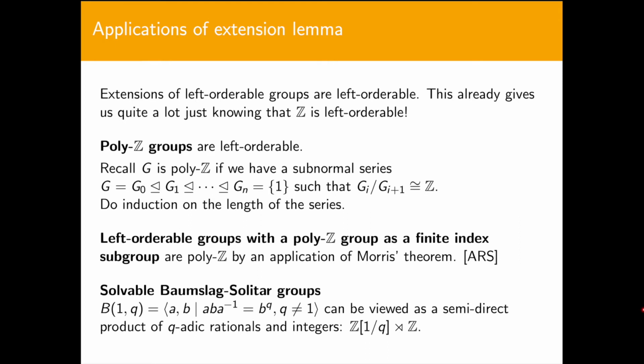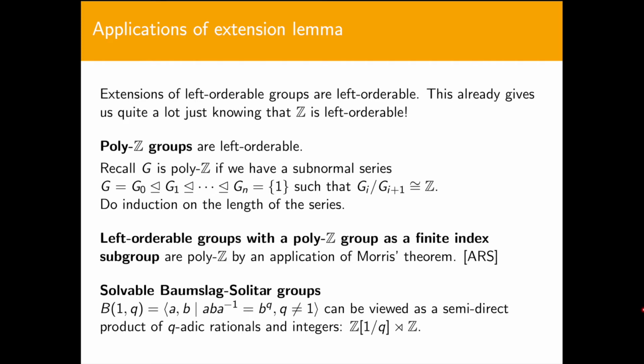Recall that G is poly-Z if we have a subnormal series with G_0 being G, and in G we have a normal subgroup G_1, and in G_1 we have another normal subgroup, etc., up to G_n, which is going to be just the identity, such that the quotient G_i over G_{i+1} is isomorphic to Z. Now, Z is left-orderable, and extensions of left-orderable groups are left-orderable, so you can do induction on the length of the series to prove that poly-Z groups are left-orderable.